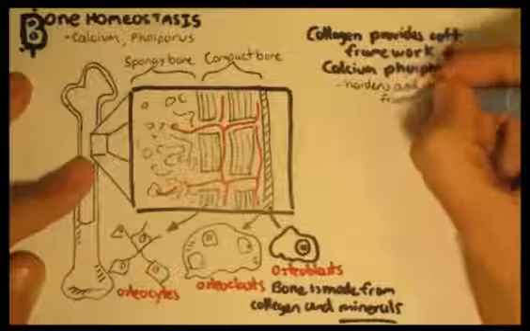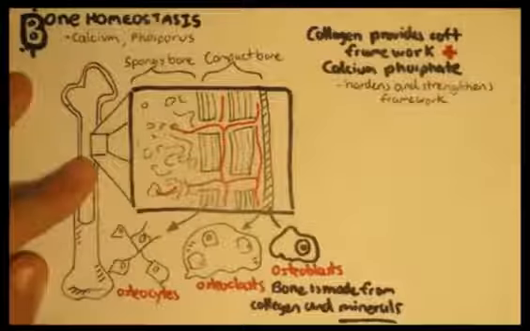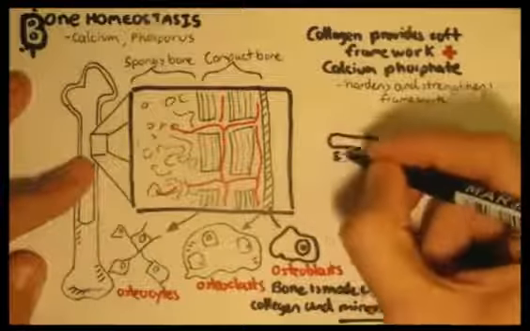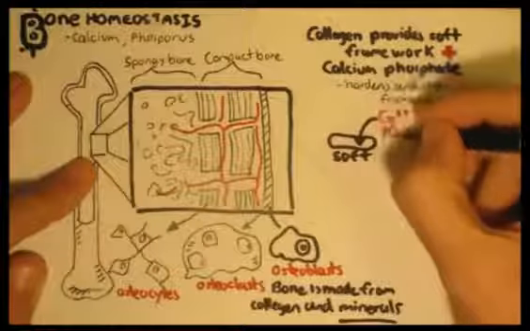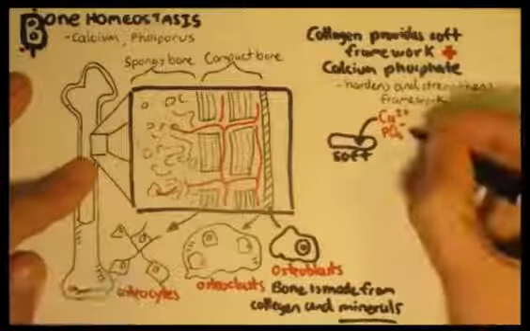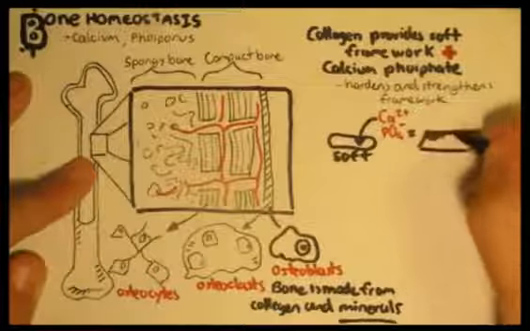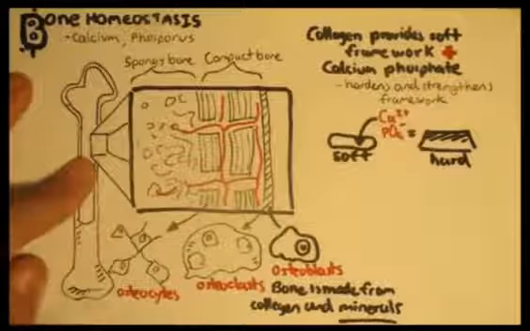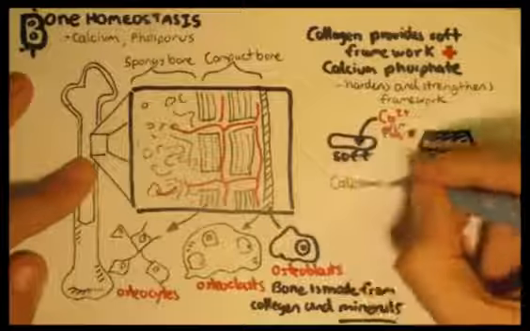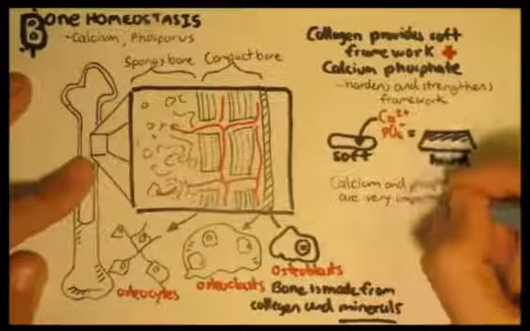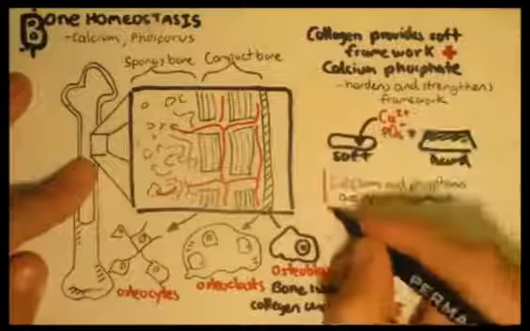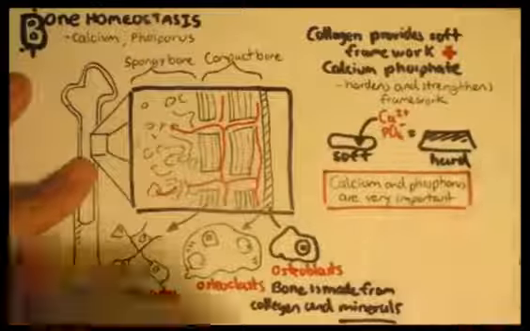So for example, here we have soft collagen, then we add calcium and phosphate, we get hard bone. So therefore, we can safely say that calcium and phosphorus are very important for the bone itself. And I'll do that by highlighting it, making a nice border around it.